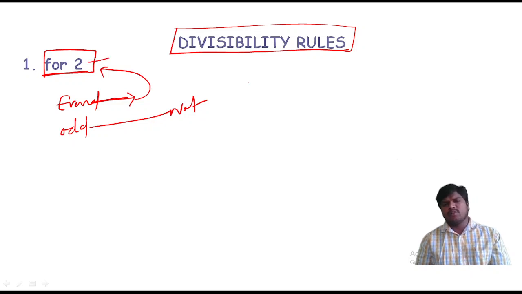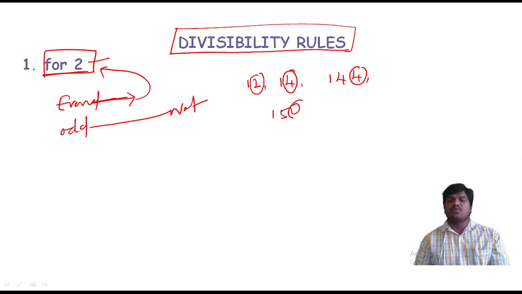For example, even numbers are 12, 14, 144, 150. Look, the last digit is even: 2, 4, 4, and 0 also. Whatever the number, let us say 212, 4512, if that number ends in an even digit, it is exactly divisible by 2.